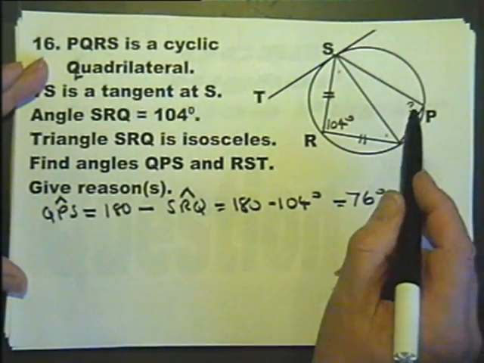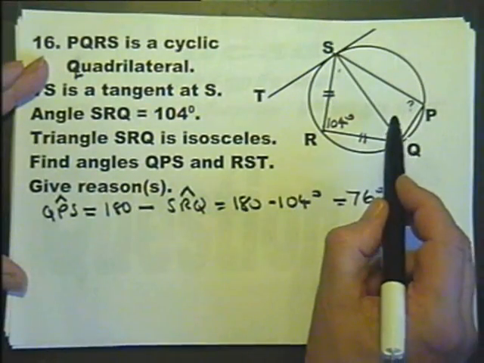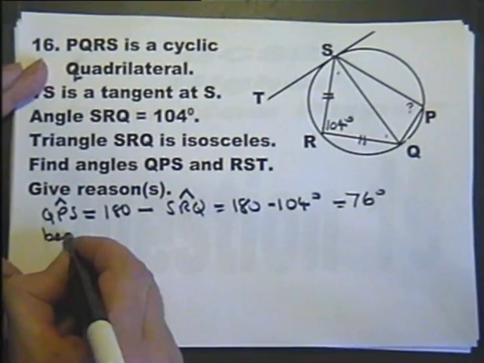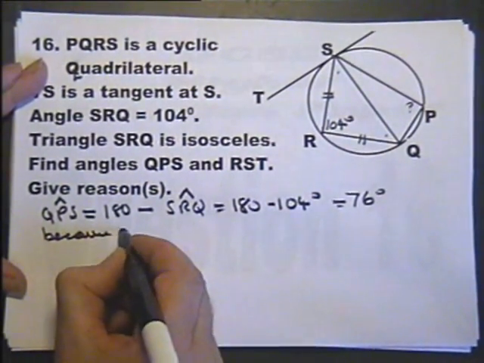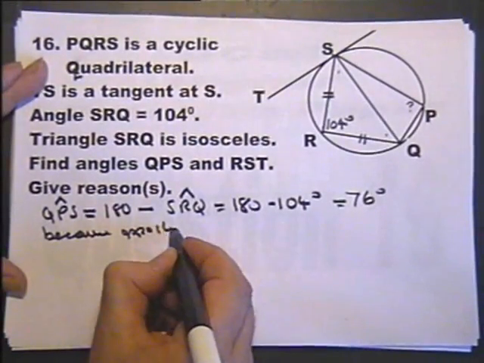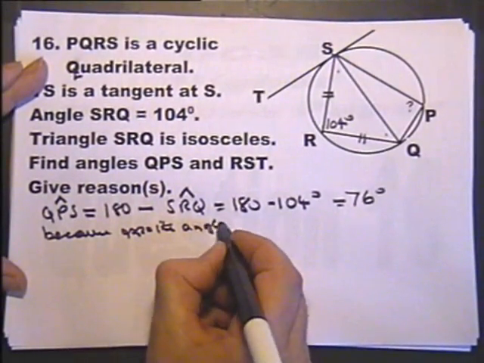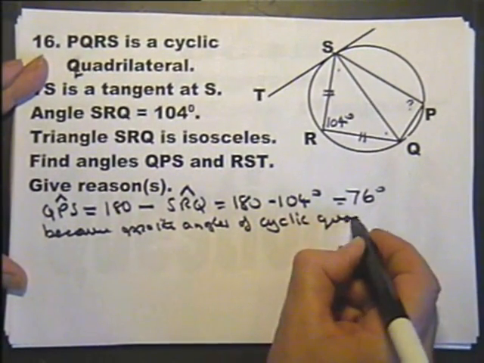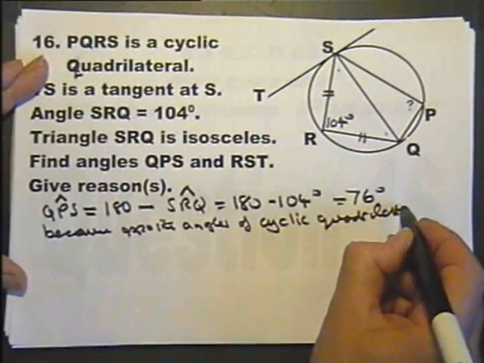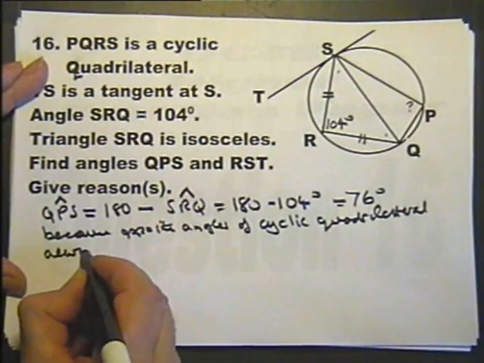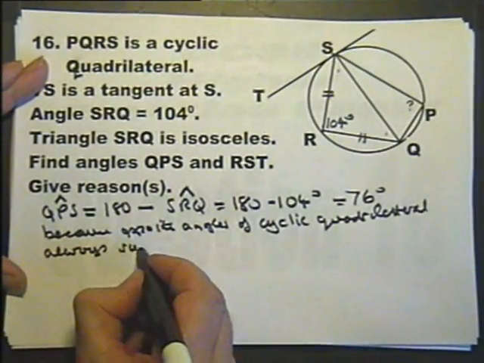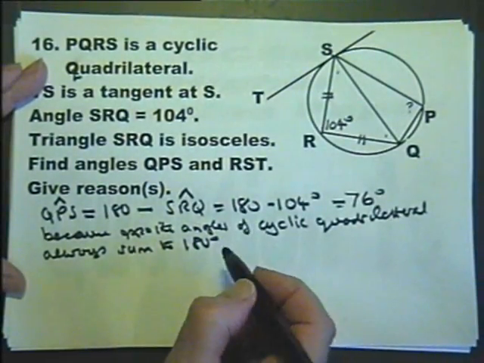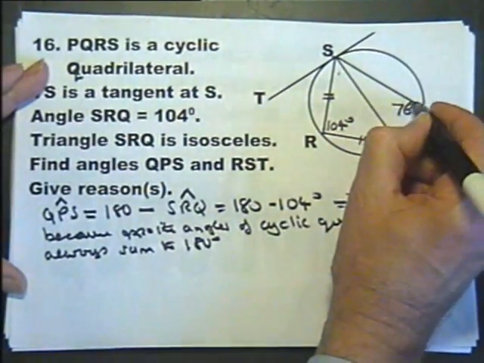It's too big for 76 when you see the diagram, but the diagram's not drawn properly. But you must give reasons, because opposite angles of a cyclic quadrilateral always add up to 180 degrees. So that's found that angle.